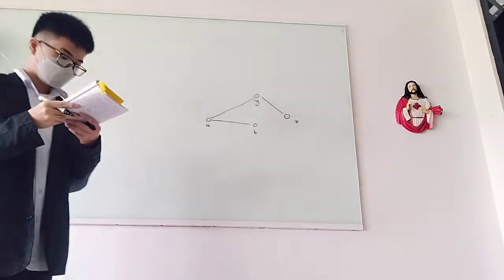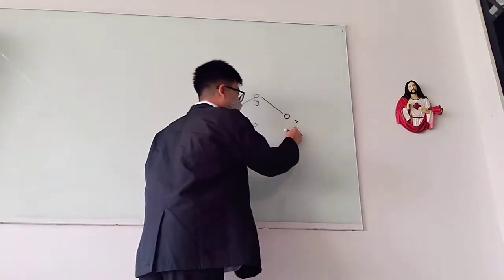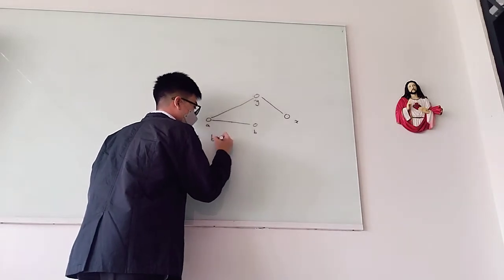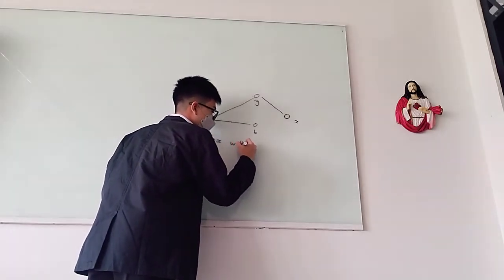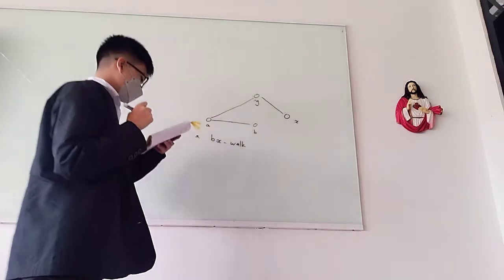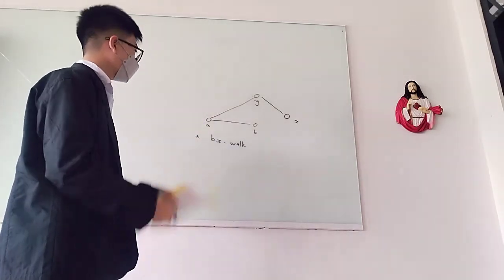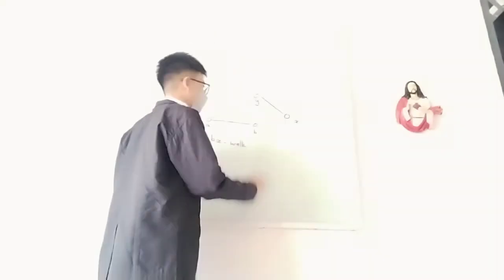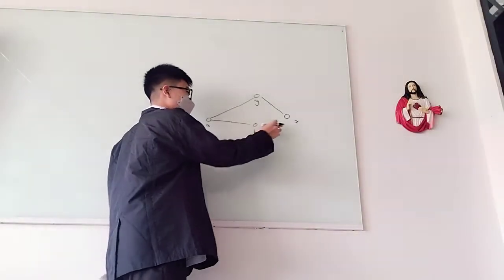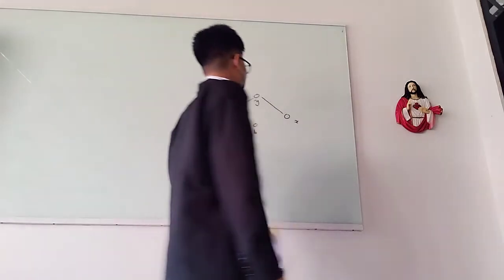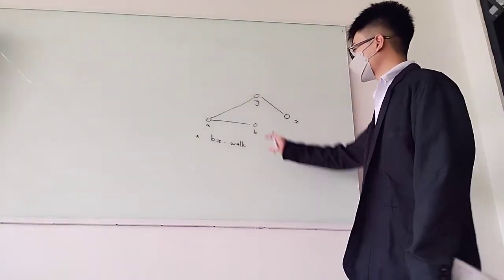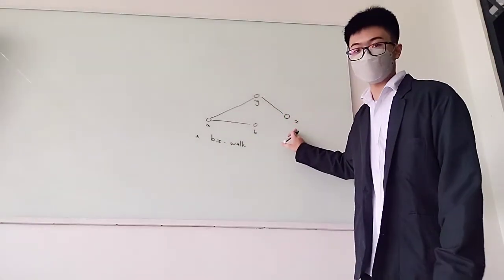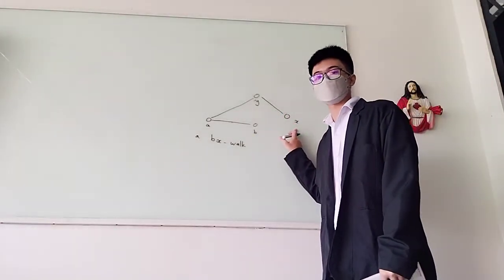A BX walk, or B to X walk, is a sequence of edges here that sends the point B to X. So let's say we're standing at B right now. A walk is basically us traveling in sequence between these vertices to a terminal or final destination.